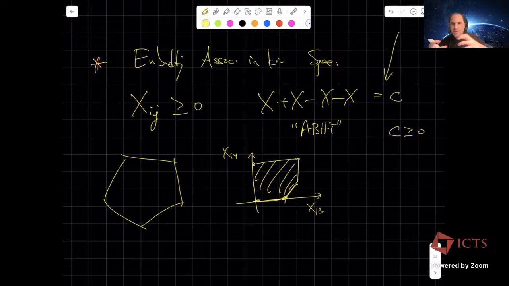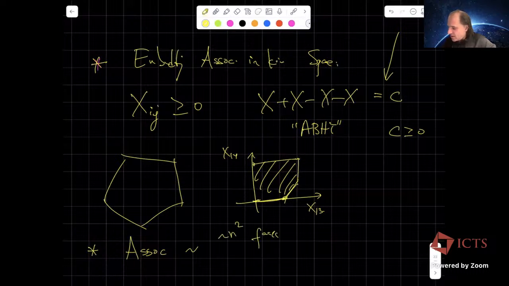Something more surprising, which is made obvious by this picture, is that while at large n, where n is the number of particles, there is order n squared faces, that's the number of kinematic variables, roughly the number of dot products pi dot pj, or the xij. There's roughly n squared variables, but there's an exponential number of diagrams. There's 4 to the n vertices, which is also the number of diagrams.